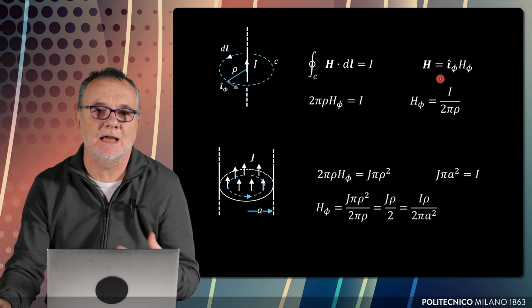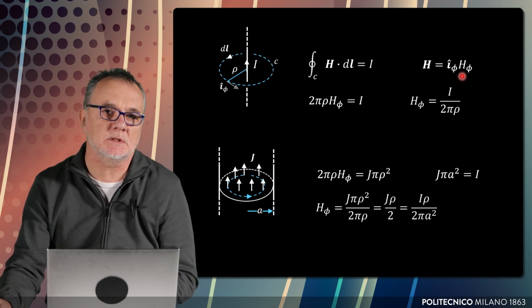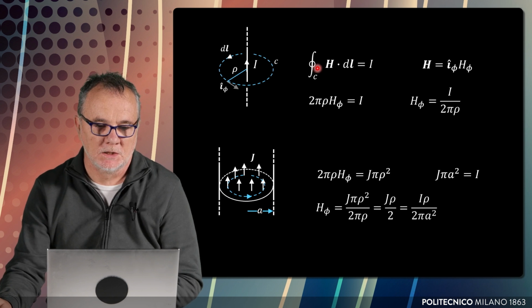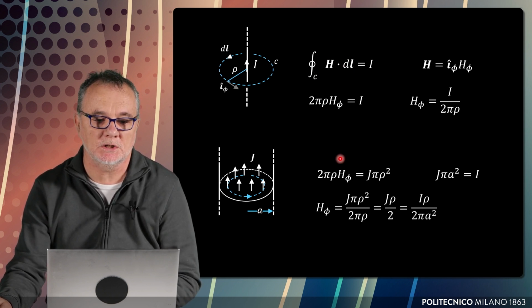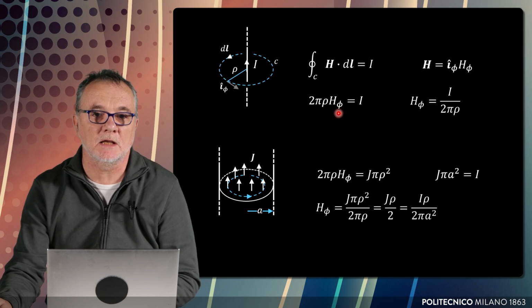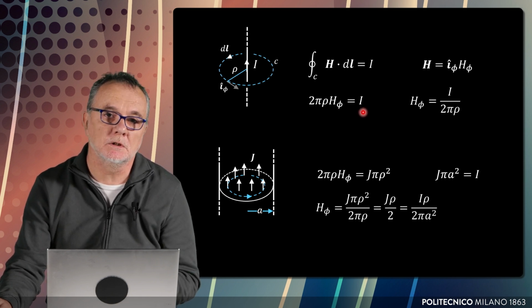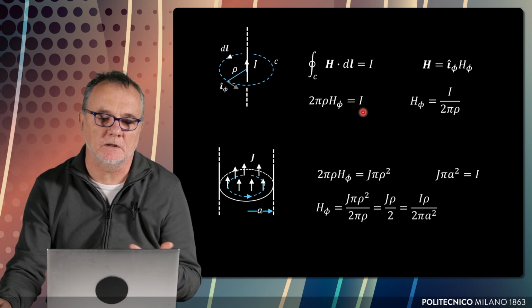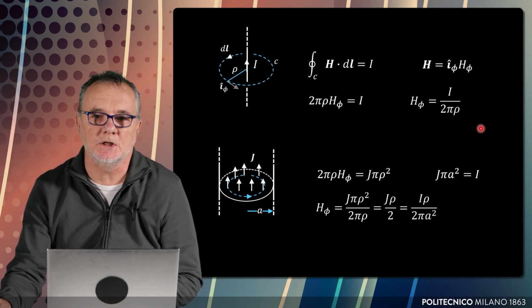So we can write that the vector H is the unit vector i_phi times its phi component. The circulation of H, which is constant along this dashed line, is 2 pi ρ times H phi, and it equals I with the usual right-hand rule. We can therefore obtain H phi as the ratio between the current and 2 pi ρ.